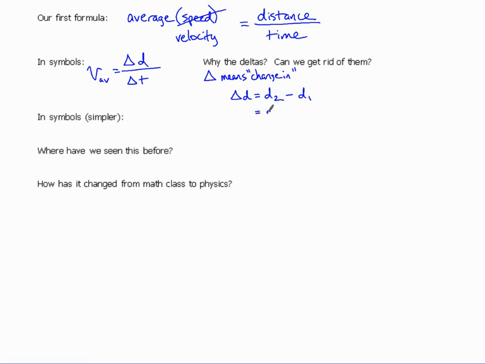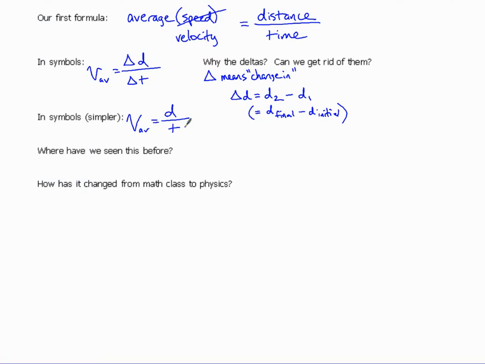Or you could say D final minus D initial. Another possibility. In simpler symbols, average velocity equals distance over time.